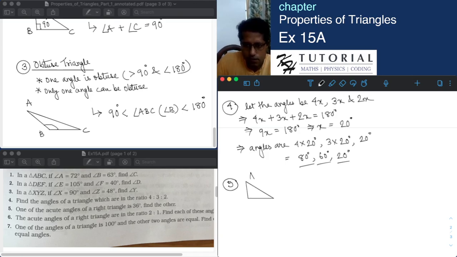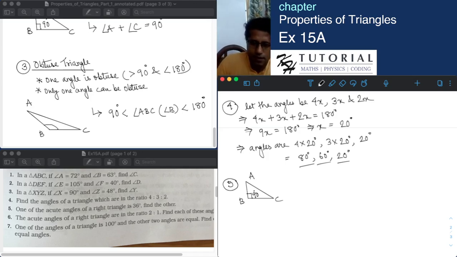Let's say the triangle is ABC, and let B be the right angle.